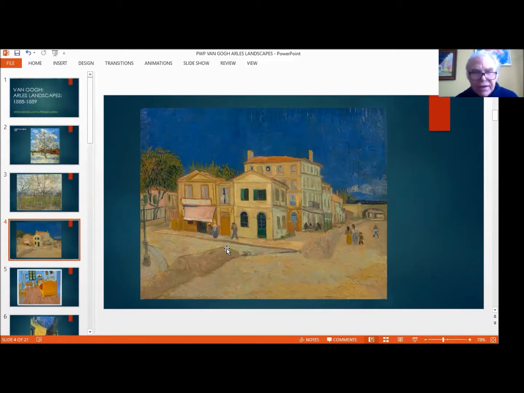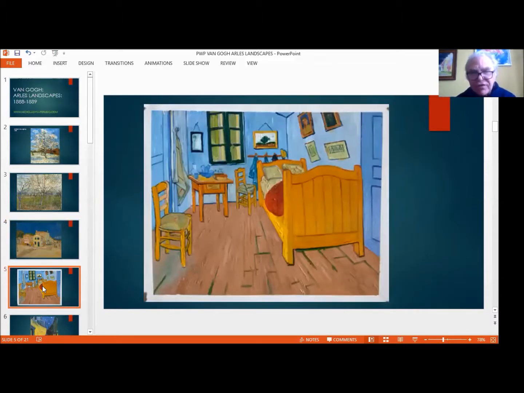In that house, you can see him starting to sort of acquaint himself with Arles. And at first, he starts making paintings of his own space, literally his own environment. So we see this painting he made of his own bedroom in the Yellow House.